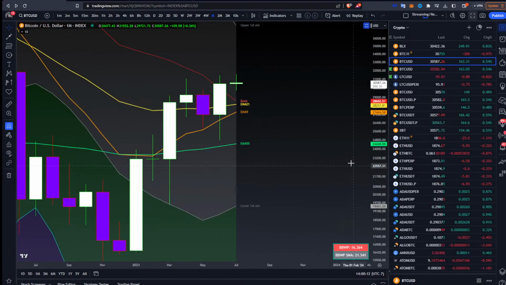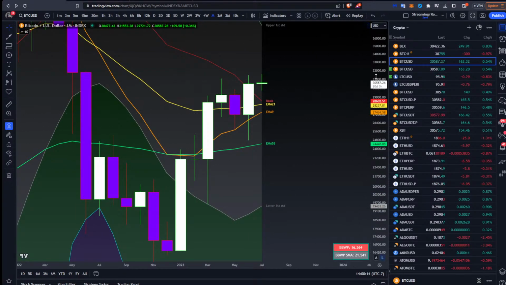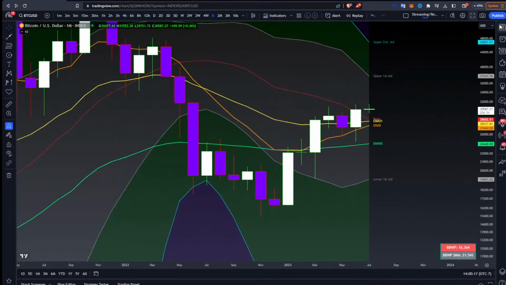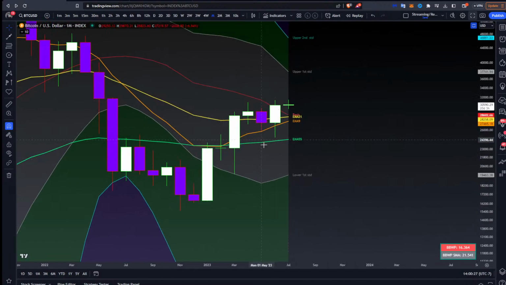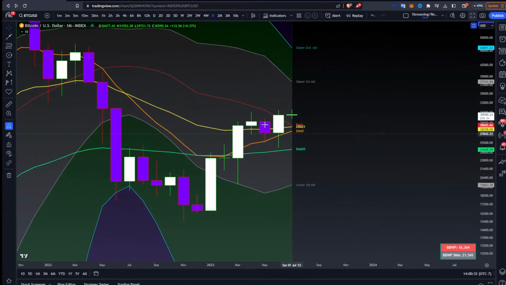So when looking at where things could pull back to on the monthly, should we see a 19 into 2020 style mean reversion on the daily, what I would be looking for is where are the major EMAs in relation to the standard deviations on the monthly.